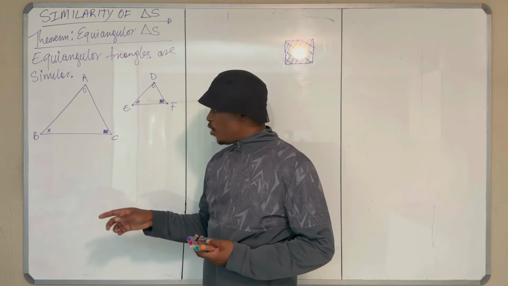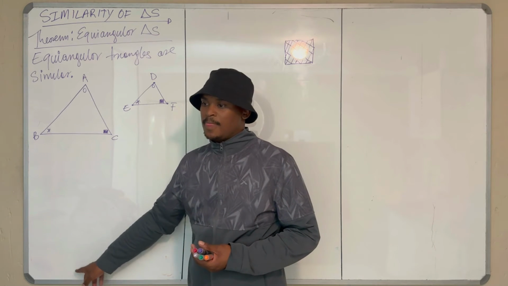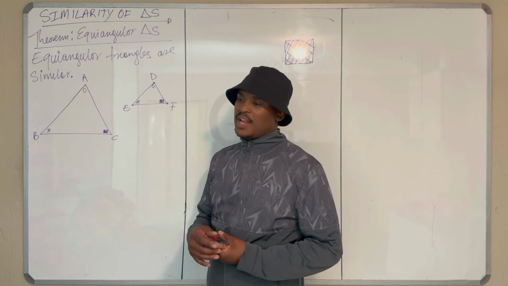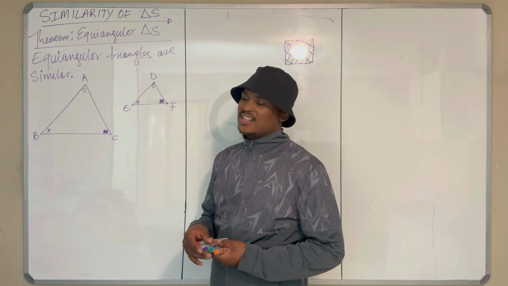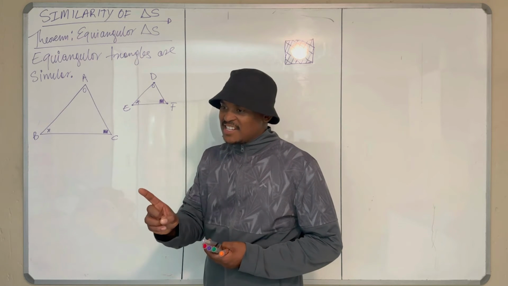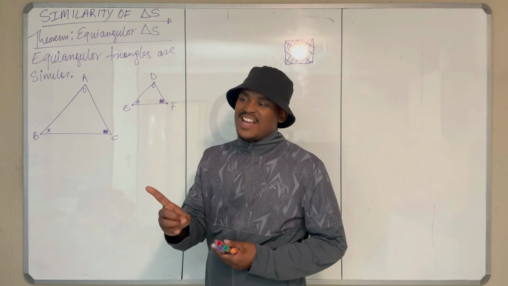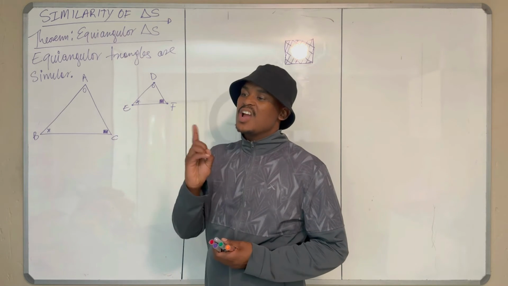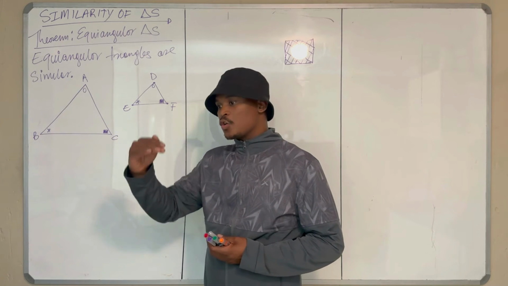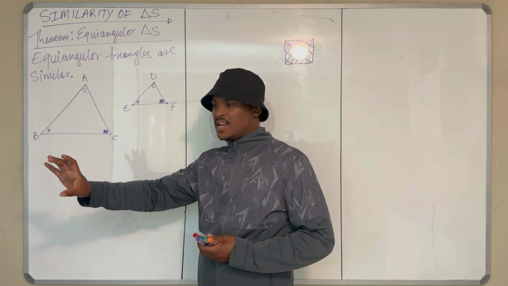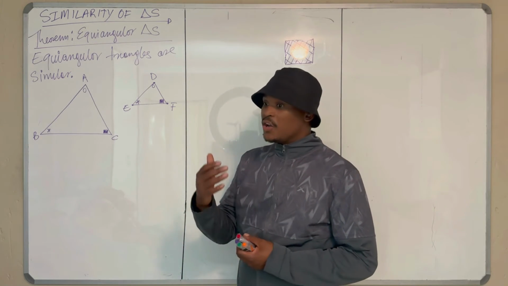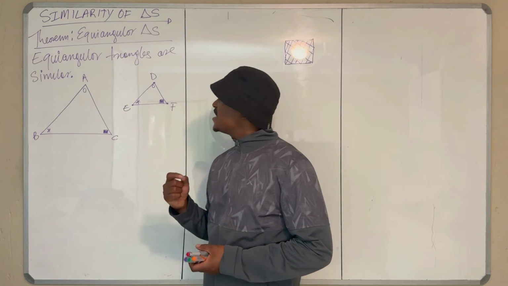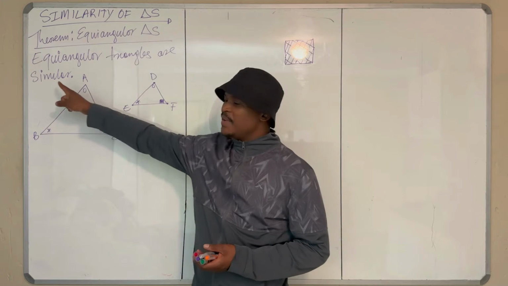On the third definition, the orange one down here, I said that two triangles are similar if all corresponding angles are equal, and all corresponding sides are in proportion, which means that if you take the ratio of the corresponding sides, they're all going to be the same. That's how I define similarity, and that's the one I'm going to use going forward. So in this case, I'm saying equiangular triangles are similar.